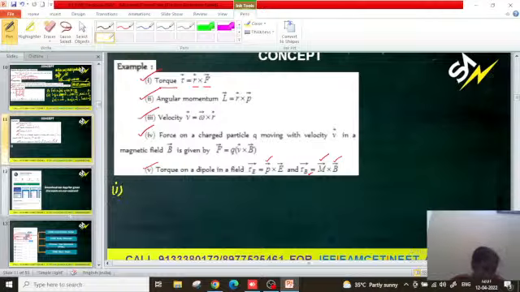So to find this in terms of coordinates, we have seen how to find the cross product of two vectors. We need to take the determinant.